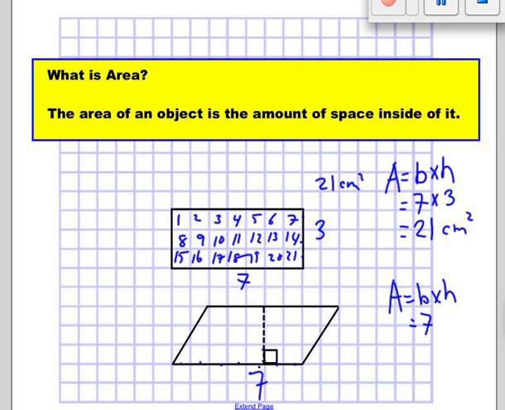And then I can check my height. 1, 2, 3. My height is 3. If I do my math, 7 times 3 is 21 centimeters squared. So both of these shapes are the same size. They have the same size bottom and the same size side.